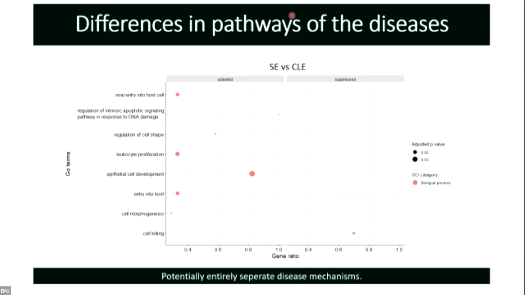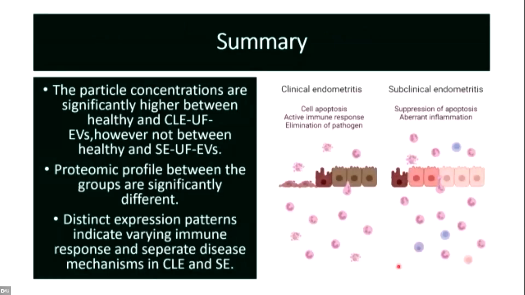We can see that when we compare subclinical and clinical endometritis, there are different responses: apoptosis was more prevalent in clinical cases, and leukocyte proliferation and endometrial repair were seen in subclinical endometritis, indicating that these disease developments are potentially totally different. Therefore, our research shows that these diseases are probably independently developed.